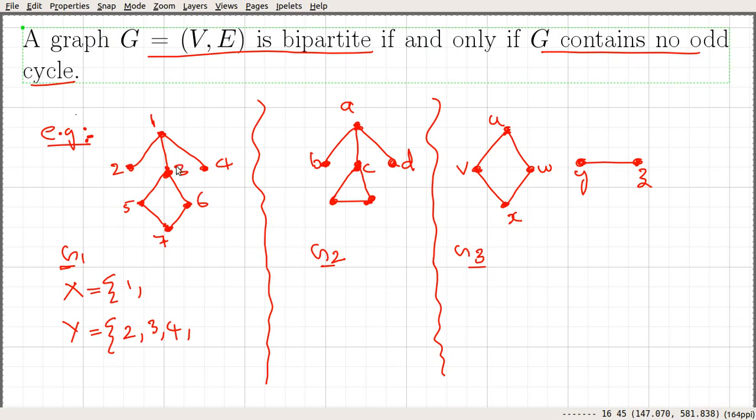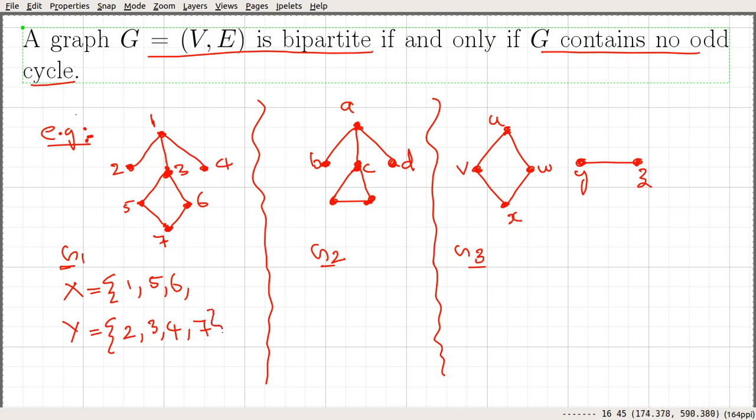Let's consider 3. 3 is in y, so its adjacent vertices must be in the other partite set, so 5 and 6 must go to set x. Let's look into 5. 5 is in x and its adjacent vertex is 7, so 7 must be in y. And 6's adjacent vertex is also 7.